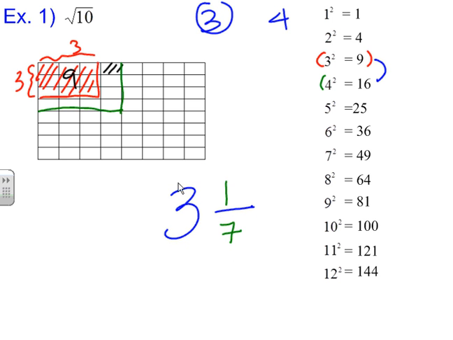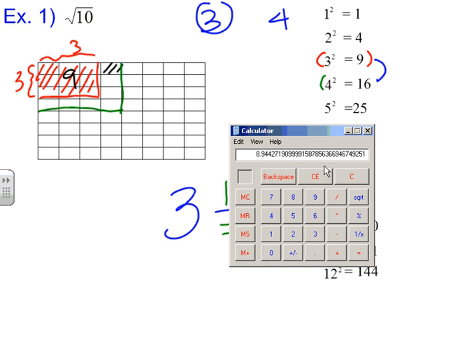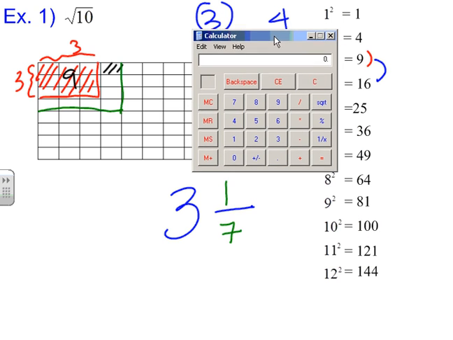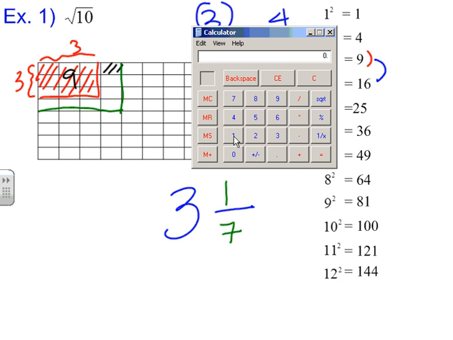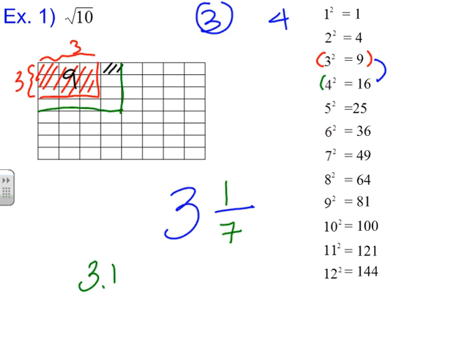Now I'm going to prove to you that 3 and 1/7 is probably within a couple hundredths of our answer. So let me clear this here. Let's do 1 divided by 7 first, and show that that's 0.1428. So we'll say 0.143 just for discussion's sake. So 3.143, the 3 is the whole number out front.